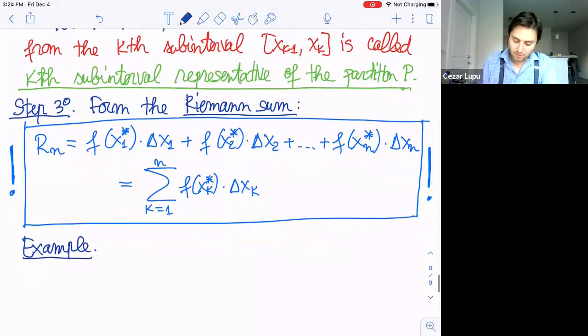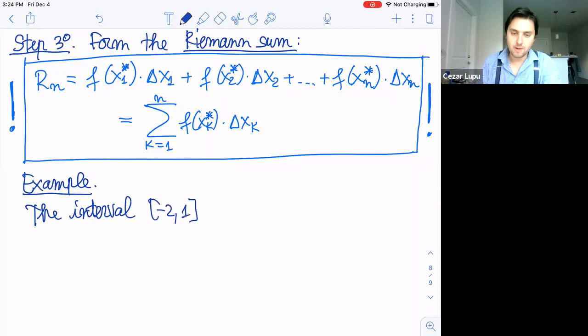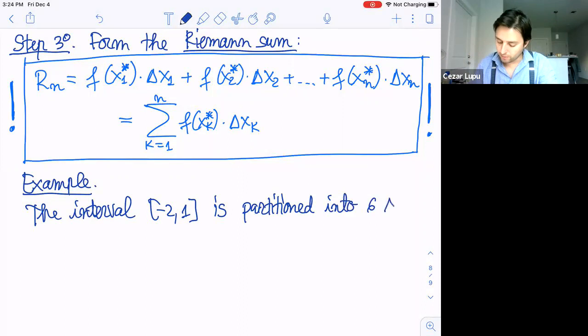Well, I'm going to say the following, but I want you to look at the formula, so keep this in mind. The interval, let's just take, for example, -2, 1, is partitioned into 6 subintervals.